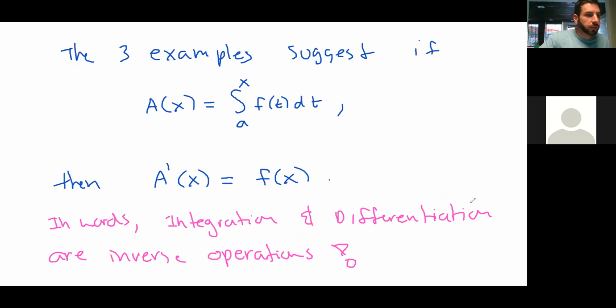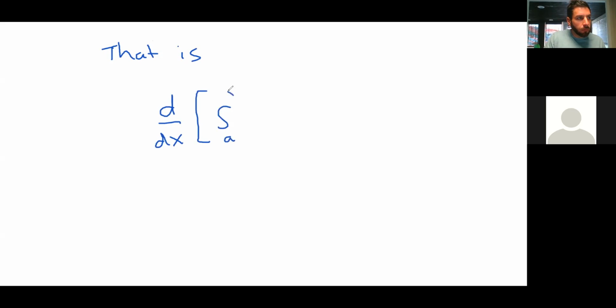The last thing I'll say is if we rewrite this, it looks even more like inverse operations. If I take the derivative of an integral, whoops, I'm lying to you.